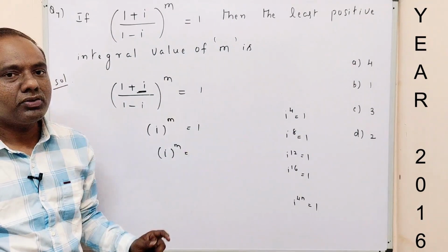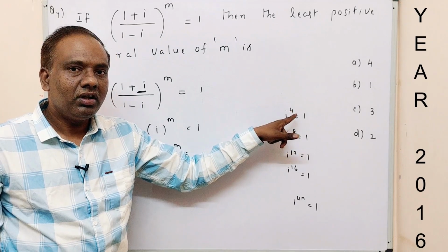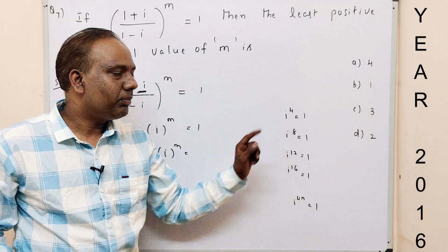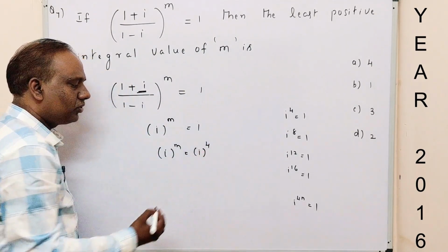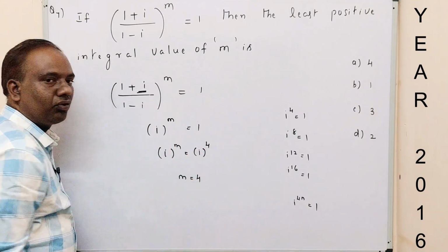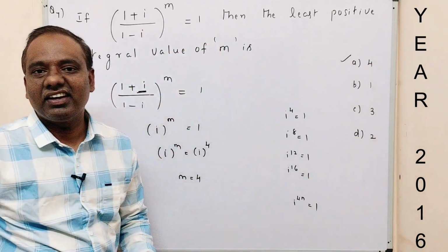So the least positive integral value is i power 4. i power 4 is equal to 1. So this one can be written as i power 4. So now m is equal to what? 4. So here option A is the correct one.